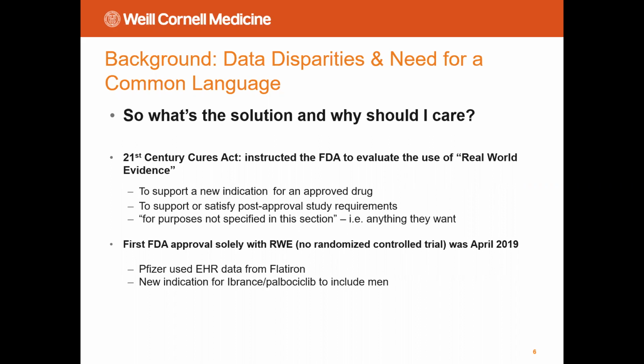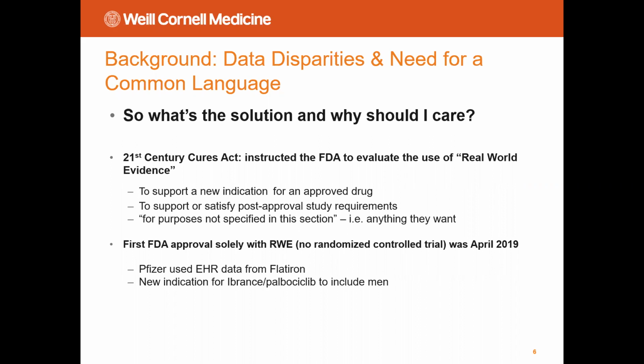And actually, the first FDA approval based on real world evidence, which is a catch-all term referring to claims data, electronic health record data, anything that doesn't come from a clinical trial, really, came in April 2019, for a new indication for a drug. For a long time, there was no on-label approved treatment for men with breast cancer, but there is a drug called palbociclib.